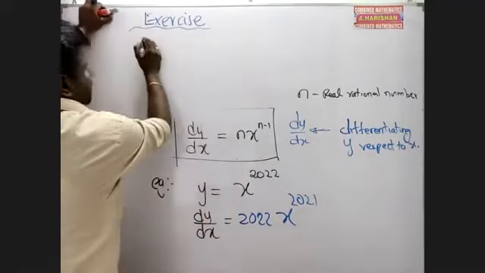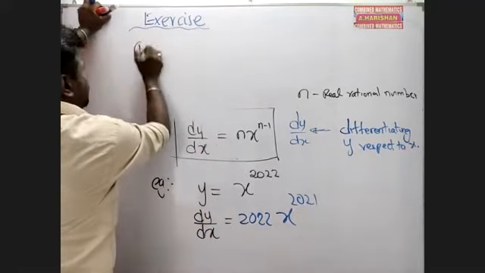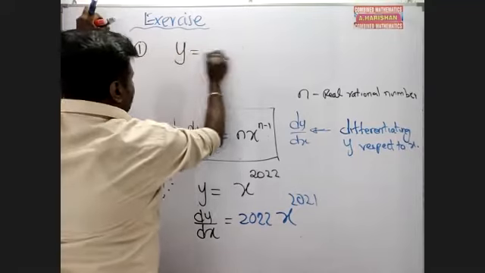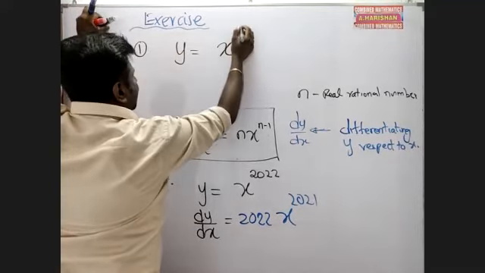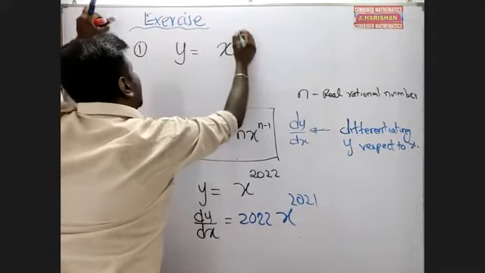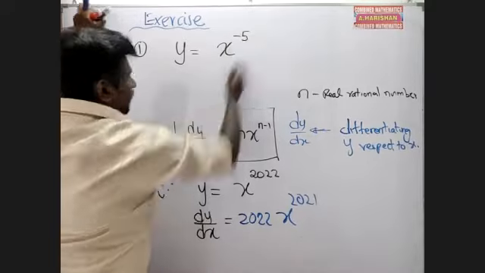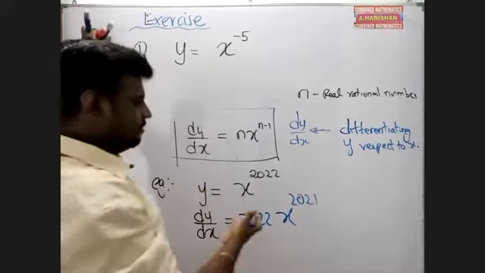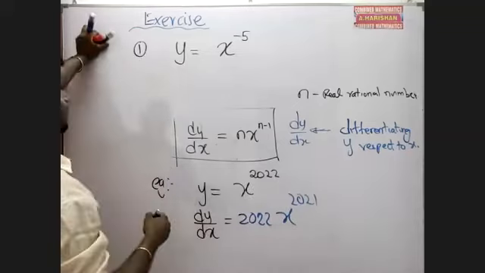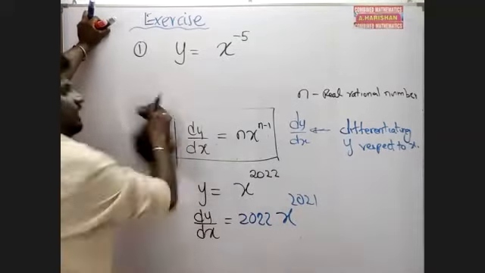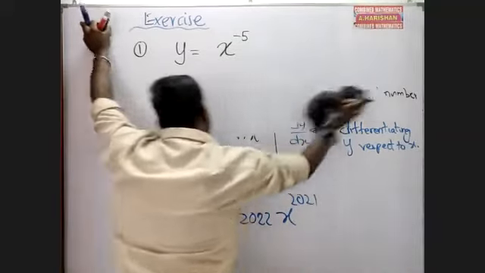Okay, so question number 1. y is given: x to the power -5. Since it's minus, I erase this. Hope you wrote it.